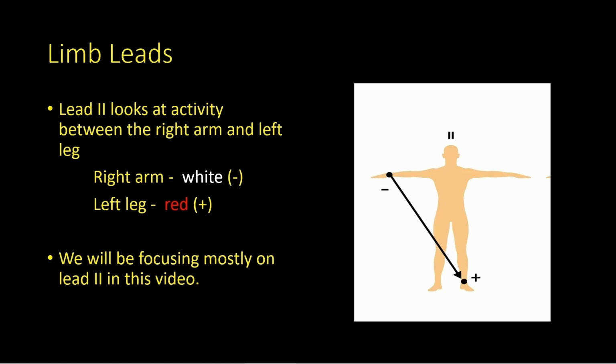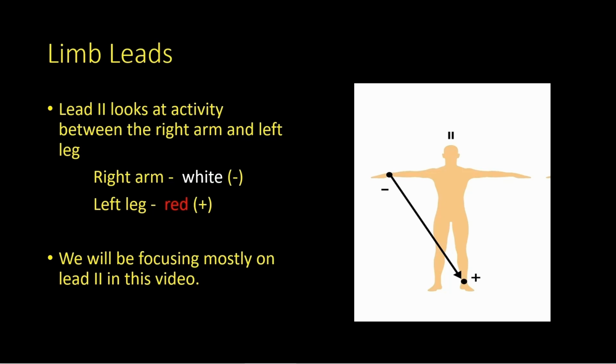By that same token, an impulse moving from here backwards would result in a negative deflection as it's moving toward the negative electrode. So, since this most closely resembles the line that the electrical impulse follows in the heart, it gives us the best view, and we'll be focusing a lot on lead 2 in this and a lot of our upcoming videos.